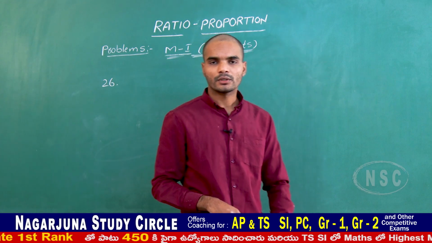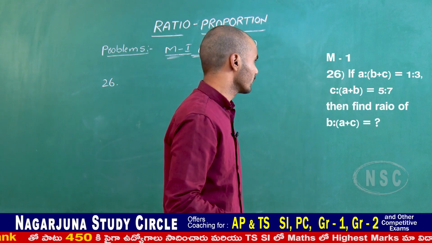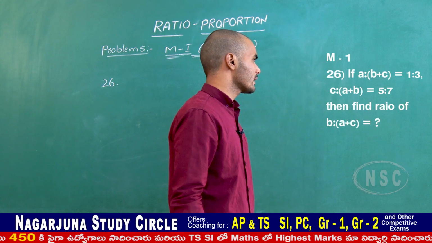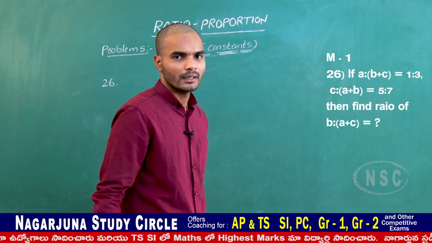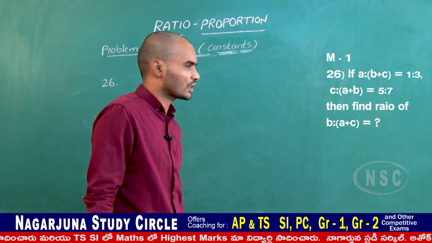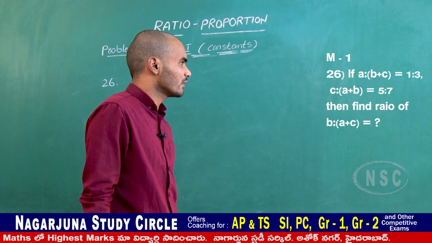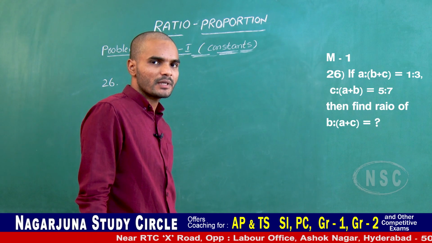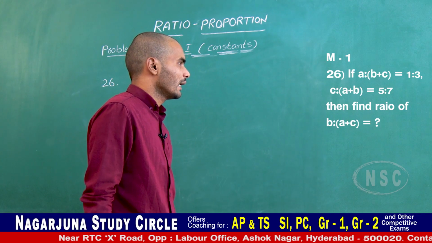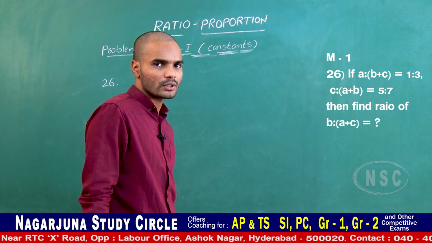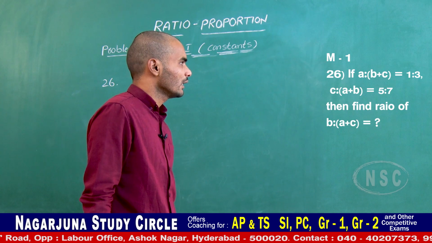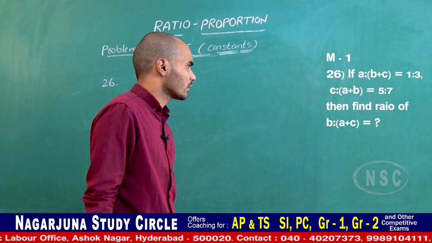Next, question number 26. A is to B plus C is equal to 1 is to 3. C is to A plus B is equal to 5 is to 7. And B is to A plus C is equal to question mark.